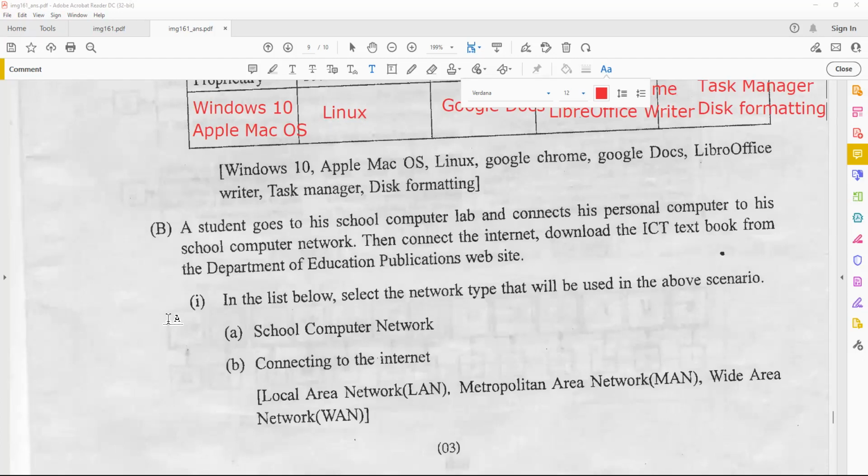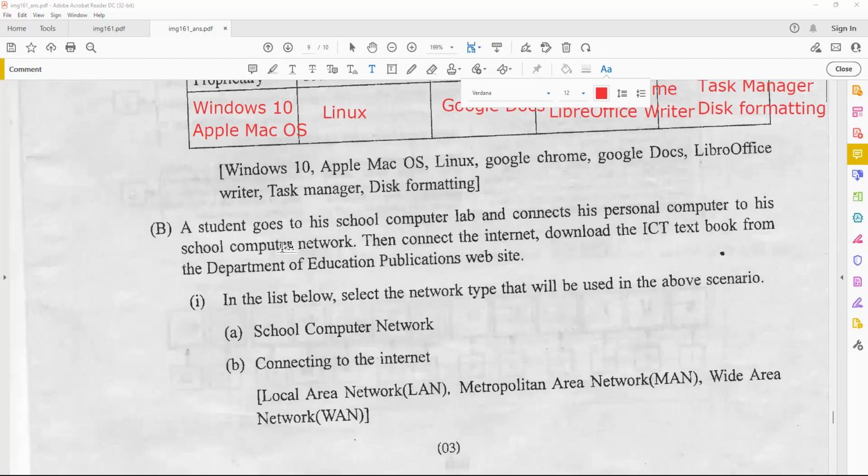Now we said if the network covers only a building or a small part of it, then usually we call it a local area network. If the network spans around a city or within about 16 kilometers, we usually call it a metropolitan area network. Then if you go beyond that, we call it a wide area network. So the internet is an example of a wide area network.